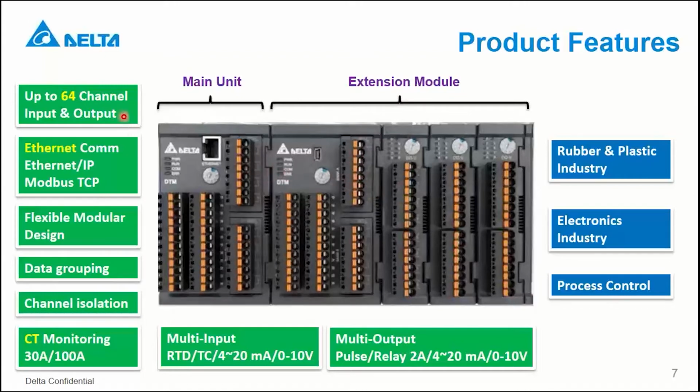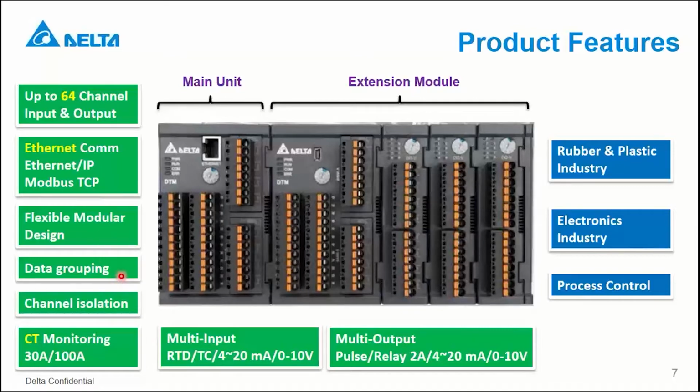So here are some feature highlights, like the 64 channel. This 64 channel means 64 input channels and 64 output channels. Actually, it's more than 64 channels. Mostly the 64 means the inputs to connect the sensors. And also Ethernet communication and flexible modular design.